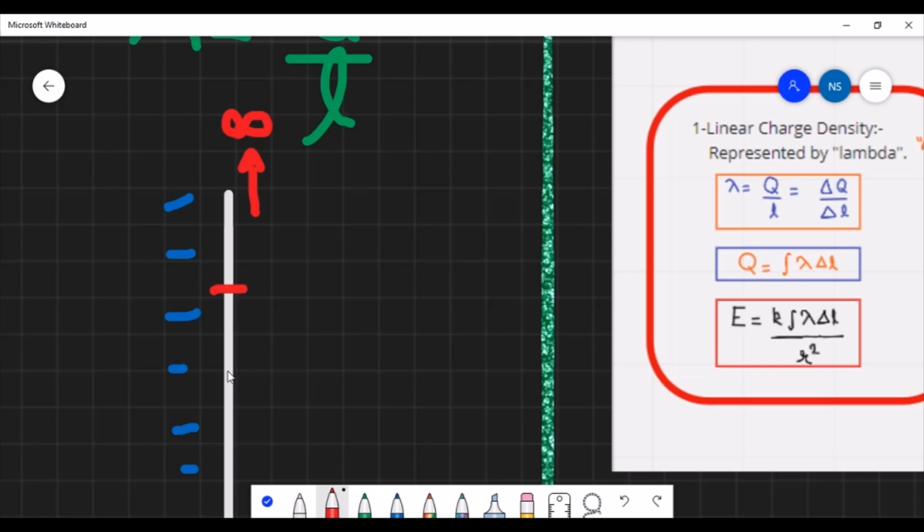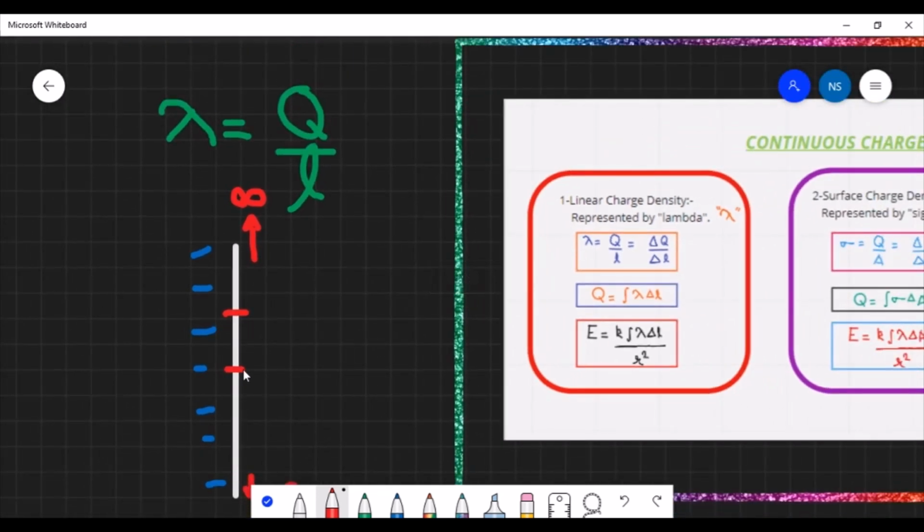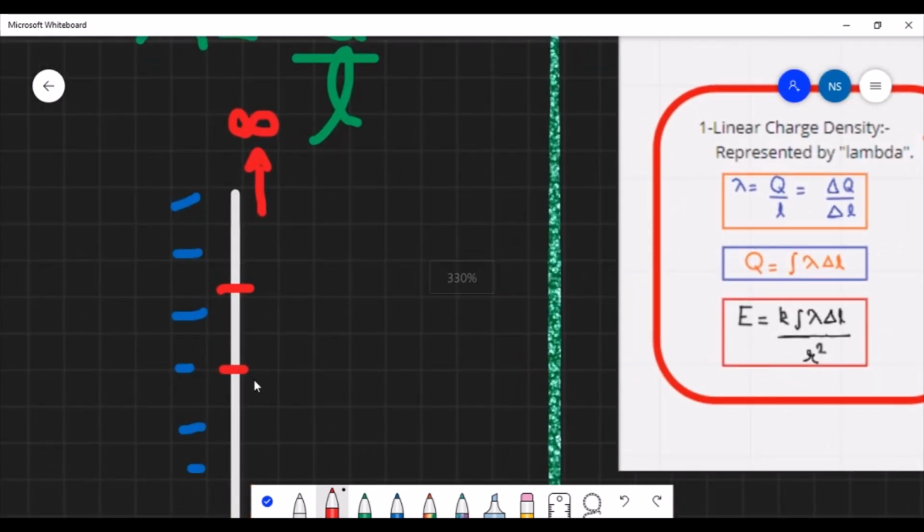Let's say this much. We can take a small part from this. In this small part, we know that there is some amount of charge present. Let's say there is dq amount of charge present, and this part is dl long.